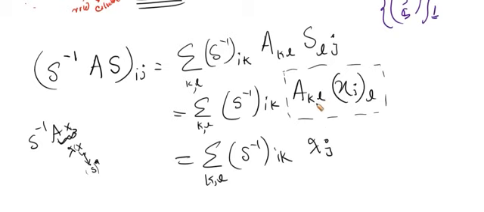Because you see that all these dummy indices are getting cancelled out and this j index is surviving. In matrix notation, this will be just S inverse A x of j, right? And from here you will have lambda of j x of j. That's the thing we did here. That's why we wrote lambda of j. And after writing lambda of j, what we have is x of j l.